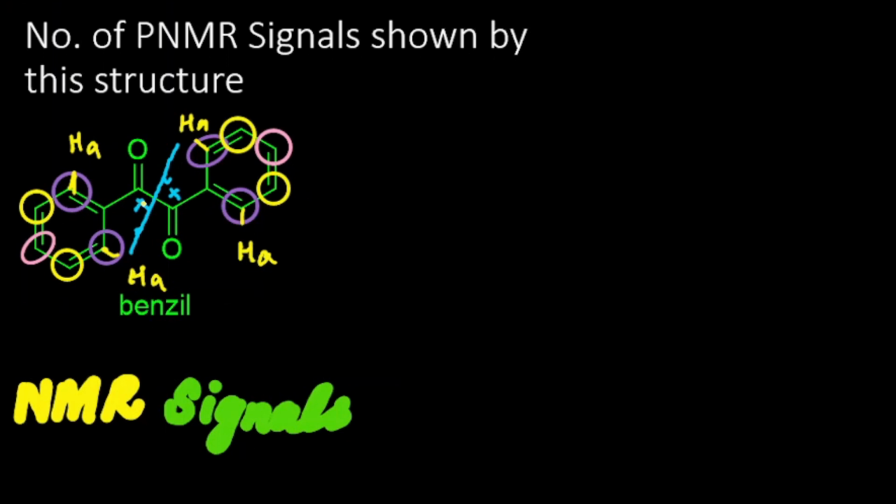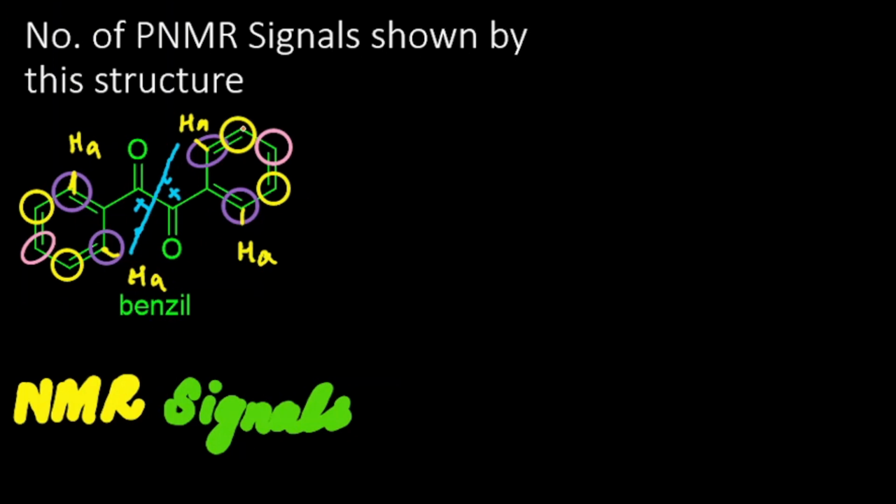So the signals that we are getting here in chemical shift value, the same signal we will get here at the same chemical shift value. Same chemical shift value means same chemical environment. If the same chemical environment is present, those hydrogens will have the same peak area in proton NMR and will give us the same signal. So these four protons will give us the same signal in the proton NMR.